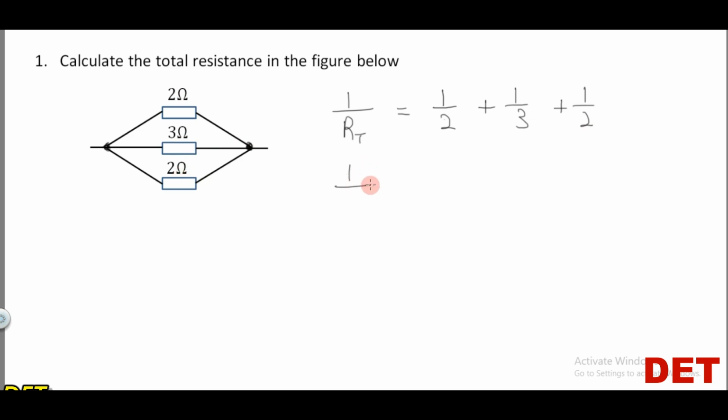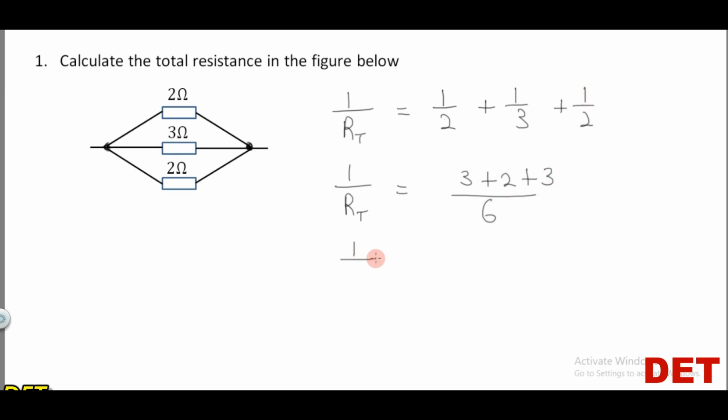The next thing I will do is look for the LCM of 2, 3, and 2, which is 6. 6 divided by 2 gives 3, times 1 gives 3, plus 6 divided by 3 gives 2, times 1 gives 2, plus 6 divided by 2 gives 3, times 1 gives 3.